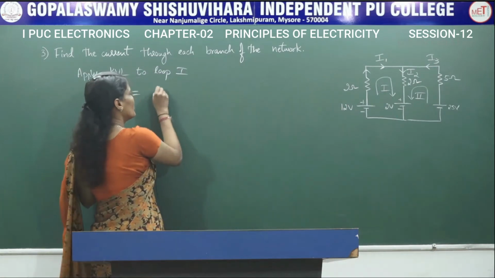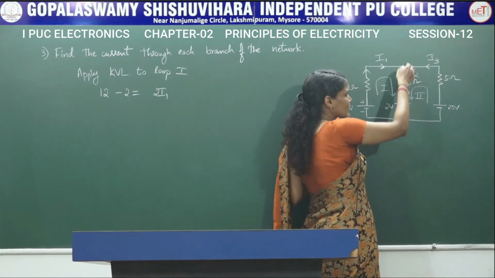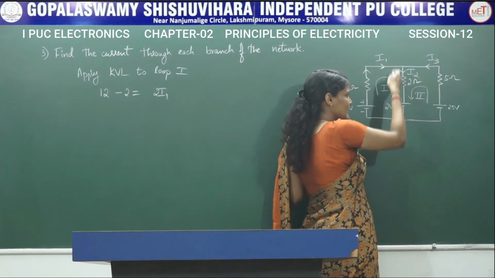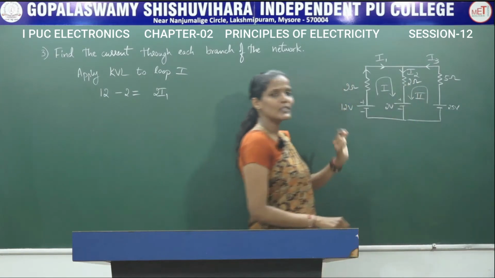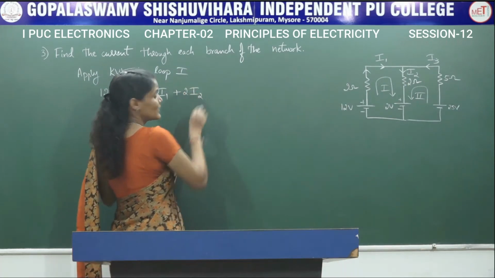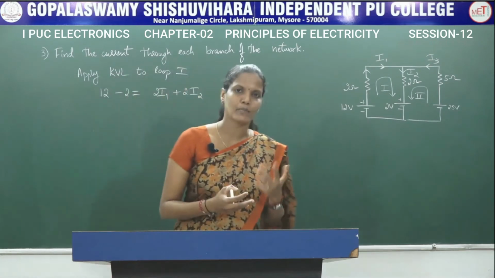So 2I1. Next, coming to this branch where I2 is flowing from upward to downward direction, and the loop current is also flowing in the same direction, so the IR drop here also has to be considered as positive, that is 2I2. Clear? So sign convention is very very important in these problems.